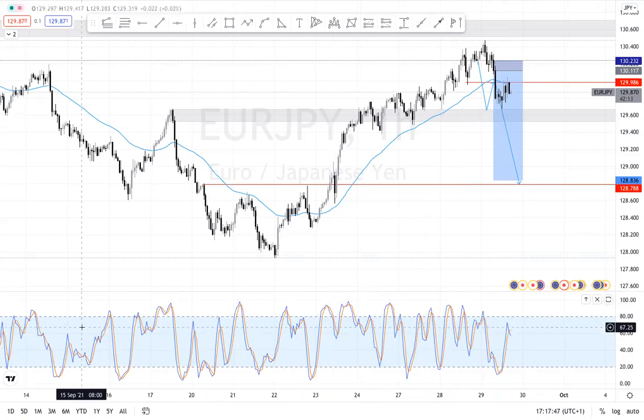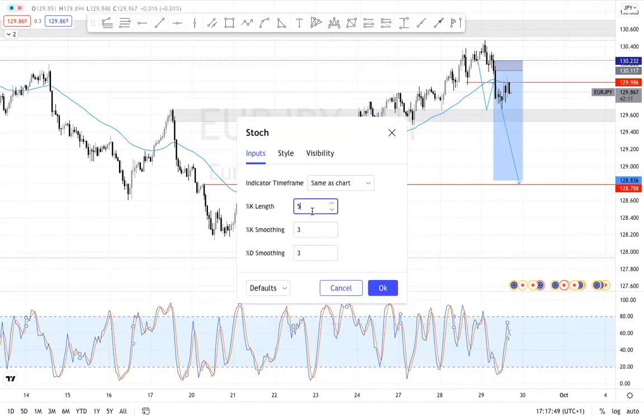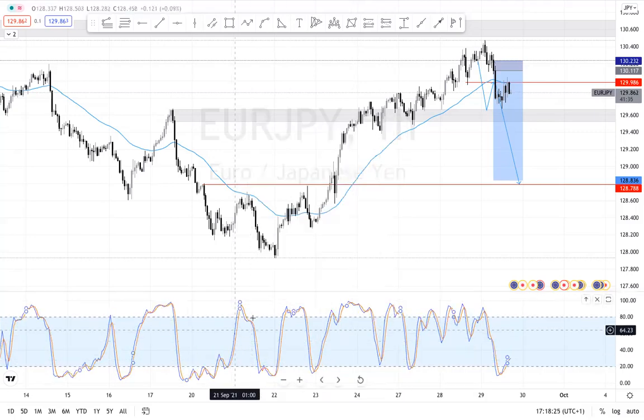But what I like using is the 14 because it's the default setting on the stochastic oscillator, and this is what basically the whole trading industry, the public, or the general populace is making use of. Even amateurs or newbies in forex trading who see the stochastic oscillator as something they like, without knowing much about the settings, just use the default setting. This is what they will get. So this is what the majority of people see.